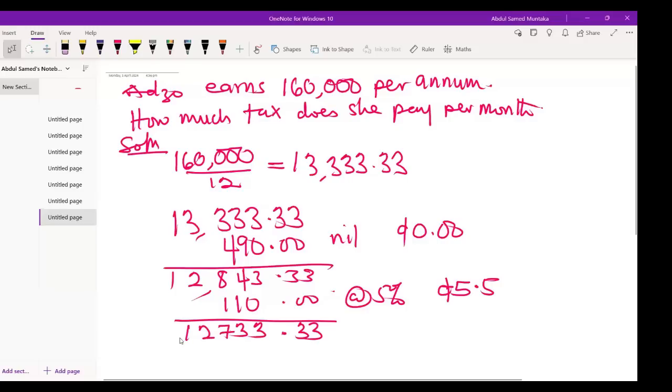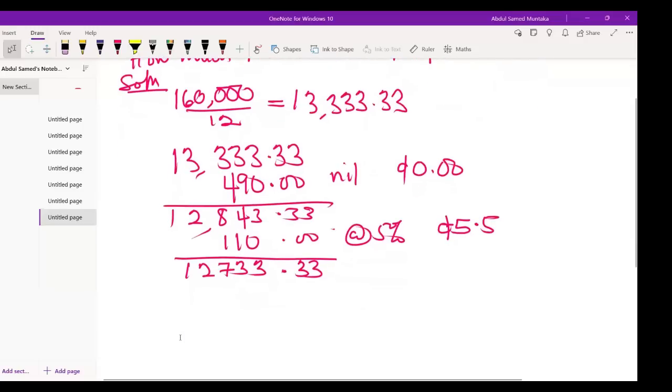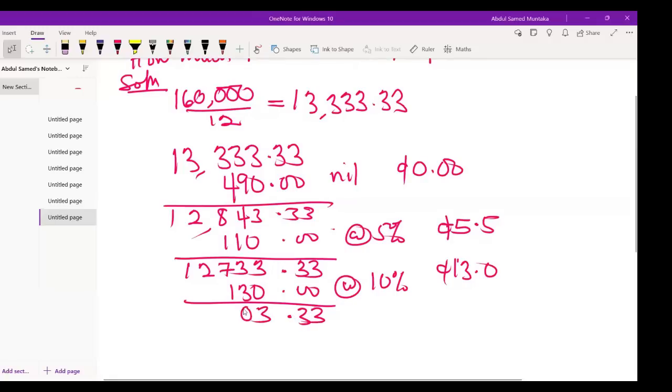The money left is 12,733. And then on the schedule, she is going to pay tax on the next 130. So the next 130 at 10%. That is 13 cedis. You subtract that and you will get 12,630.